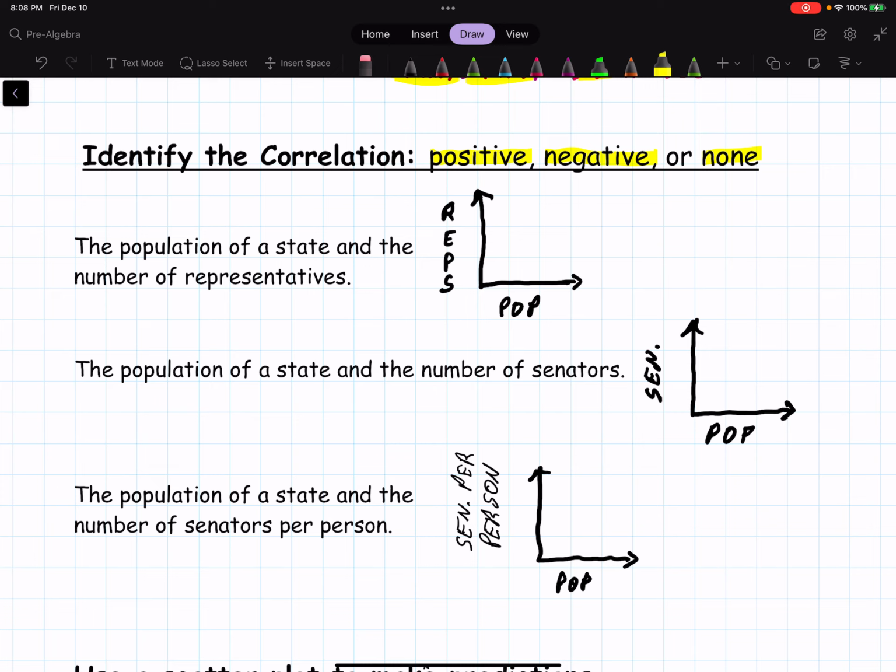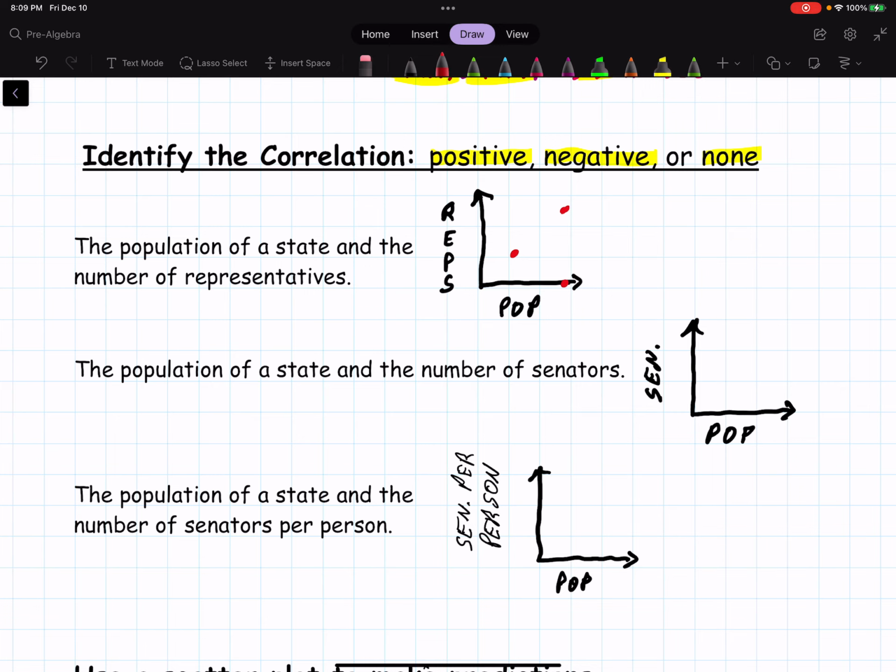All right, so let's take a look at this. Let's go with the red line here, the population of a state and the number of representatives. Well, we know that as the population gets bigger, we go to states like California, they have the most reps. And in a state like Iowa, population is kind of in the middle, a little bit on the low side, and we're going to have fewer reps.